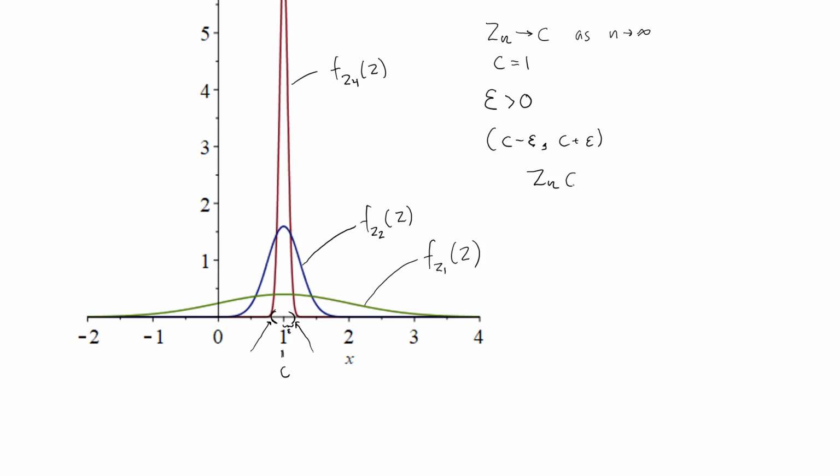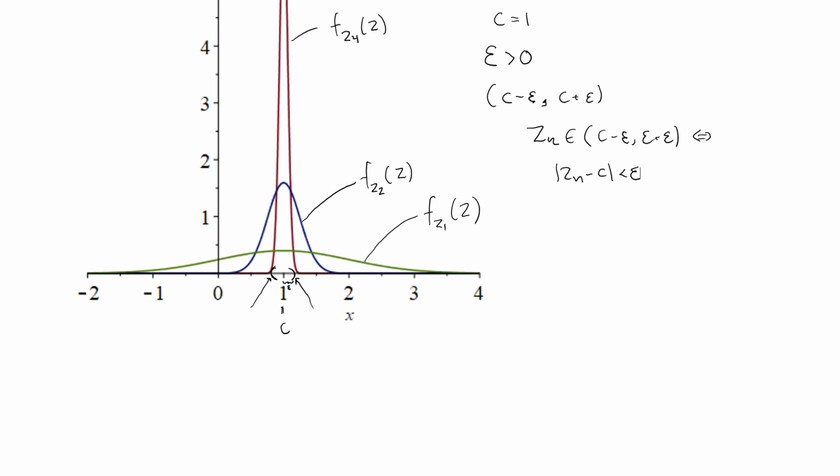Zn will end up in the interval if and only if the distance between Zn and c is less than epsilon. Before the experiment, Zn is random, so I don't know if Zn will end up in this interval or not, but if I know the distribution of Zn, then I can at least calculate the probability that it will end up in this tiny interval.